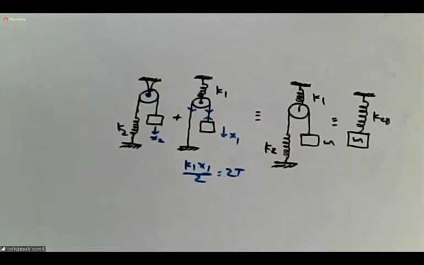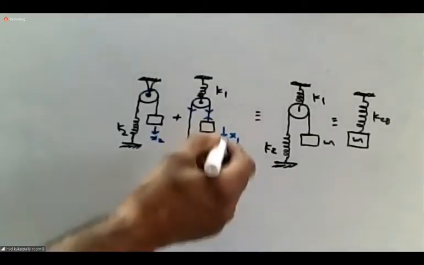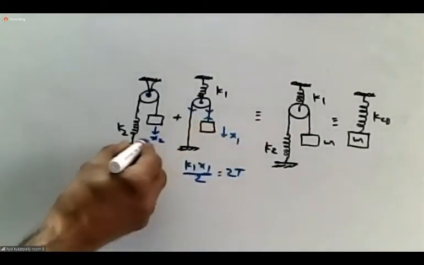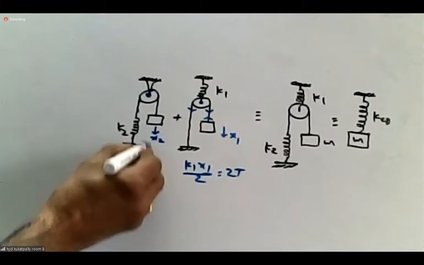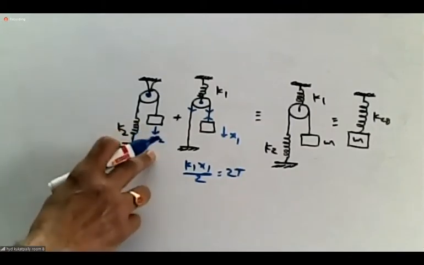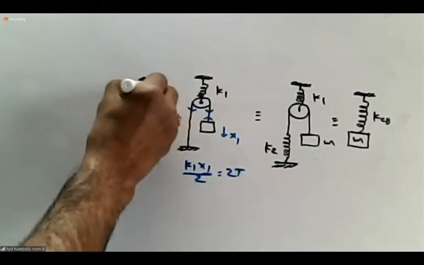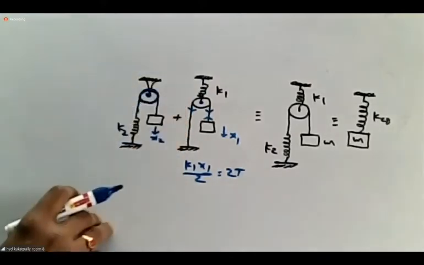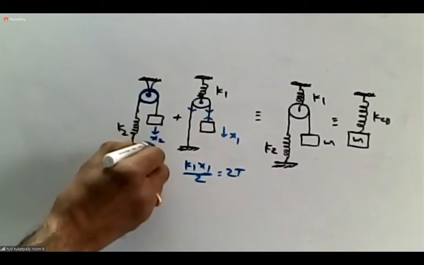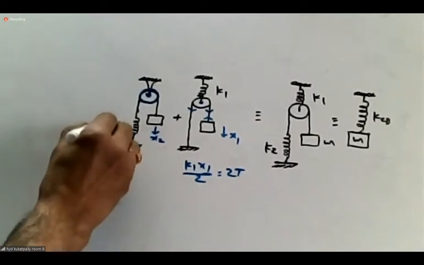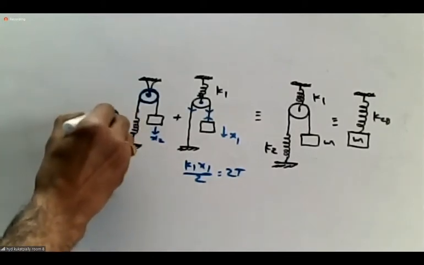Sorry, yeah. See, when the block moves down x2, the pulley being fixed here, the spring raises x2.